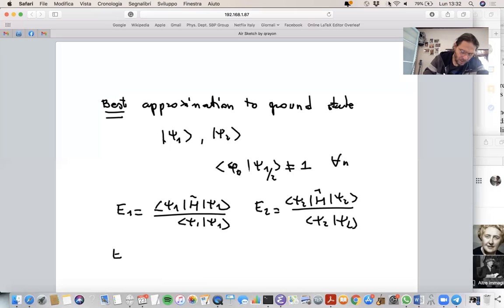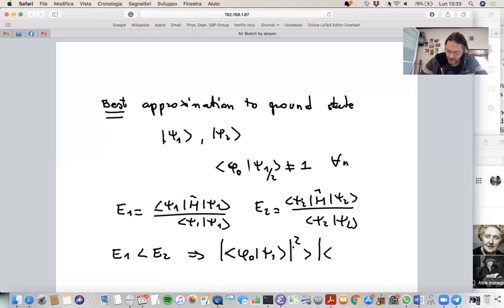Now, if E1 is lower than E2, then the overlap of psi 1 with the ground state is going to be in modulus greater than that of psi 2. So in other words, I get a wave function that has a larger overlap with the exact ground state, which means it is a better approximation of the ground state. This is, if you want, the second part of the statement, of the unproved statement.